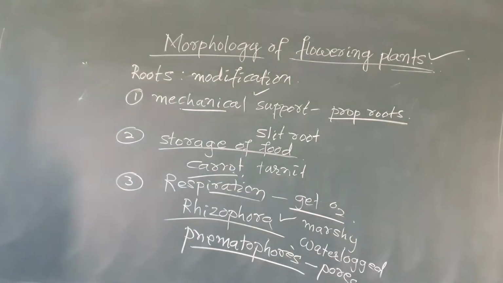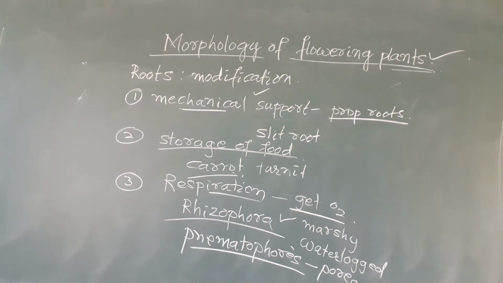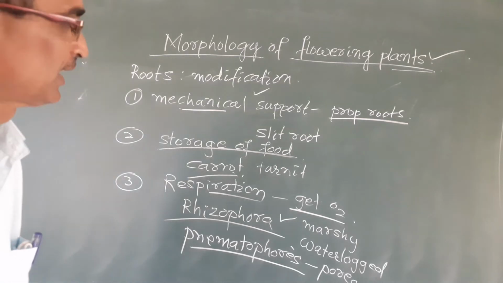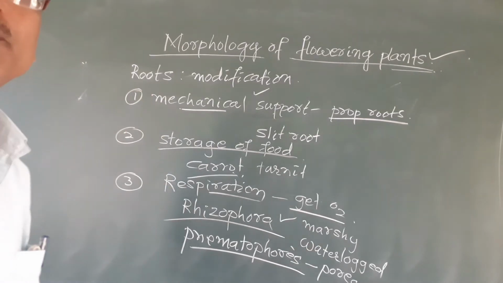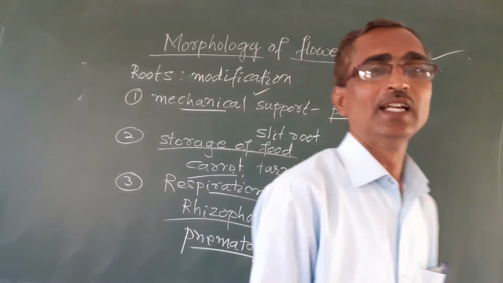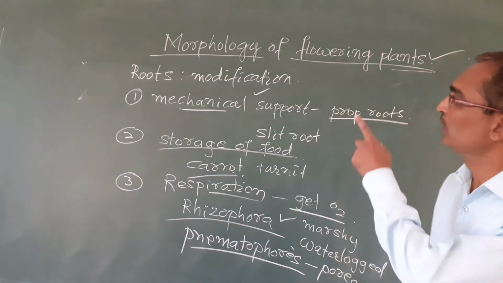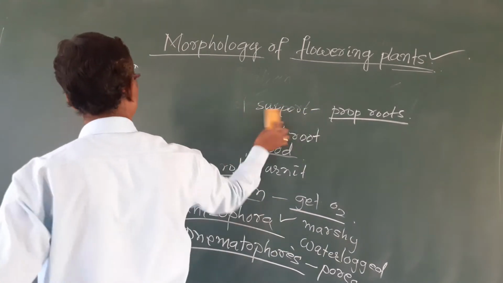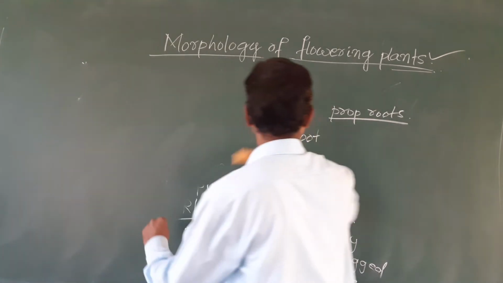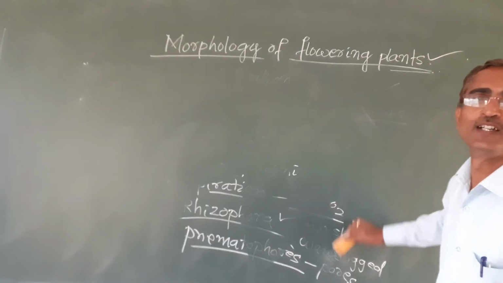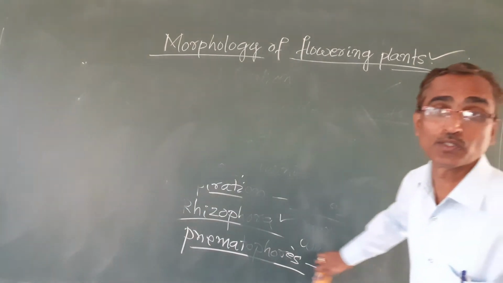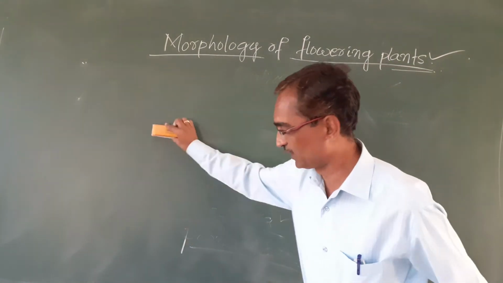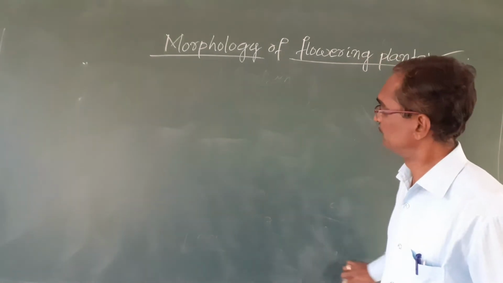Okay, so that is the root system and modifications in the case of a root. So roots are modified for storage of food, to provide mechanical support, and for respiration, isn't it?